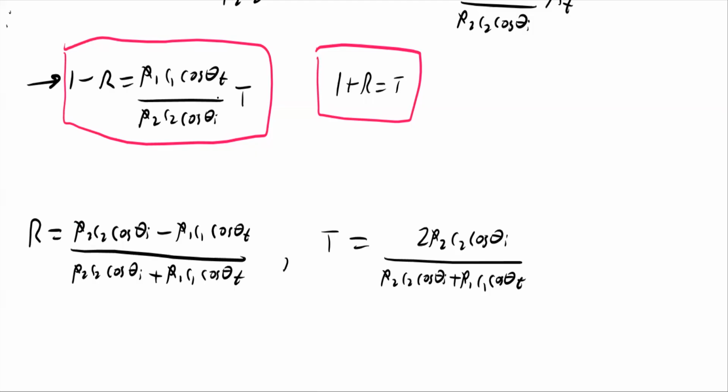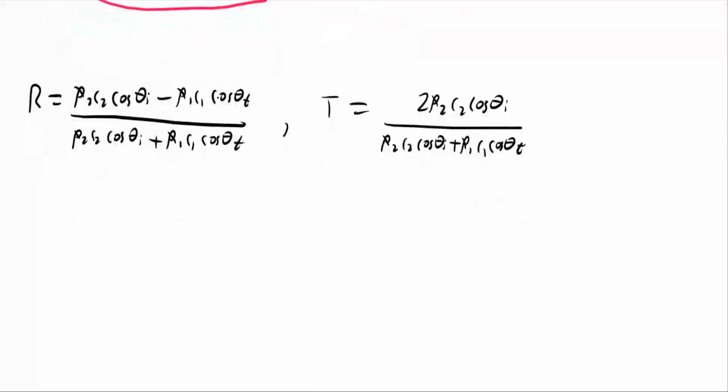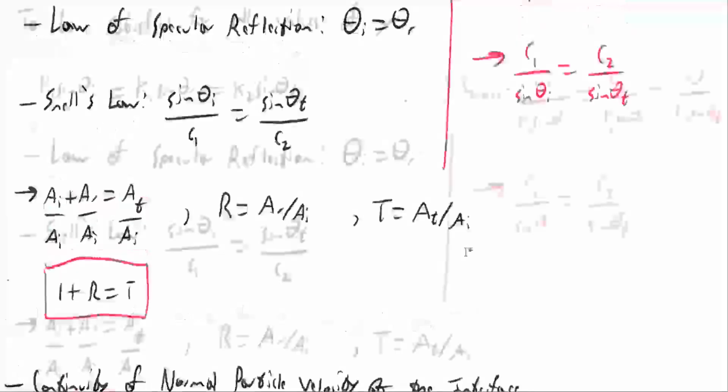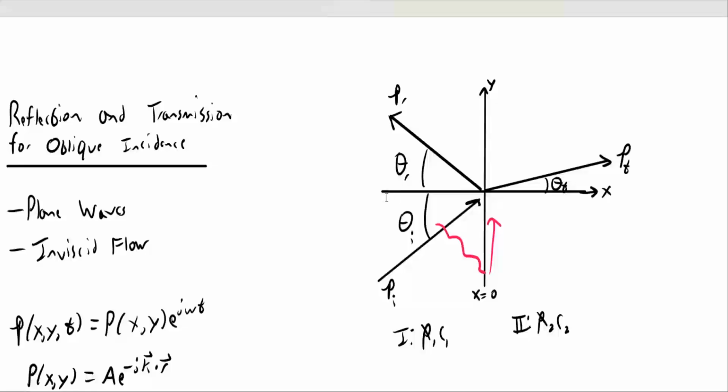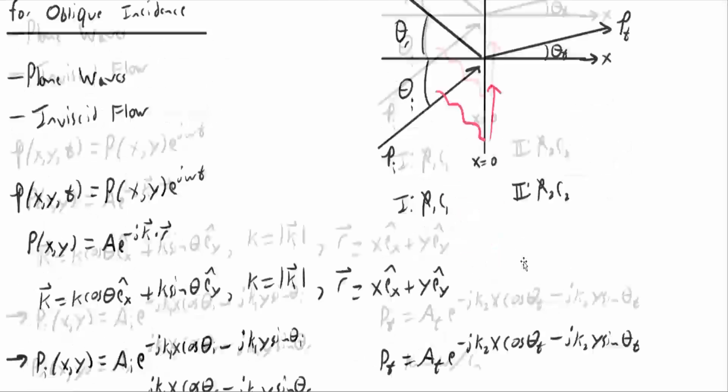Lovely. So sometimes when you're looking at reflection and transmission problems, for example, an impedance tube, you're looking at normal incidence. What we have here is oblique incidence. For normal incidence, we assume that theta I and theta R are along the x-axis, and theta t is also along the axis. Or I should say p_i, p_r, and p_t are along the axis, which makes the angles 0.